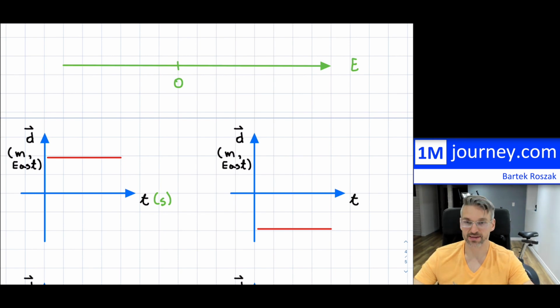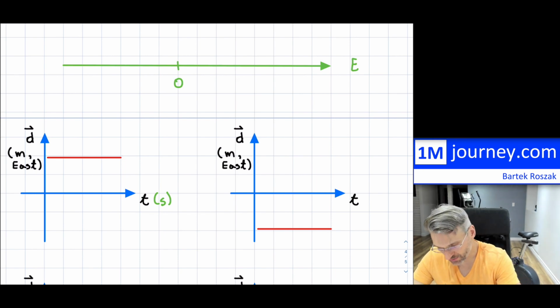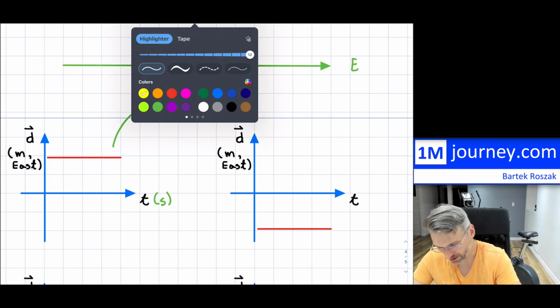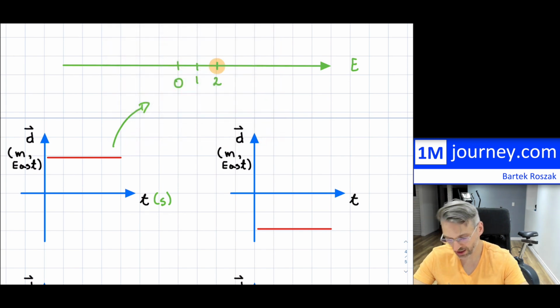And then it ends. So what that means is that if you tried to transfer this on here, let's say this is 1 meter and 2 meters. So this means that you're stuck at this position. You are actually just sitting here. Now, how long have you been sitting here?